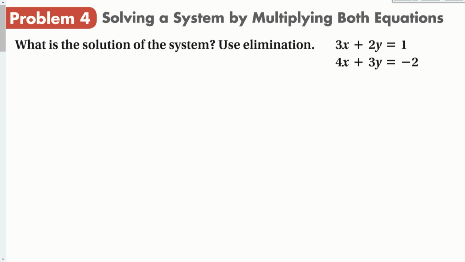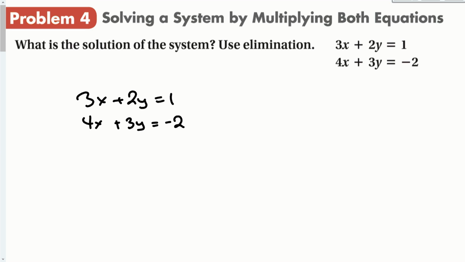So for this next one, just looking at this, 3x plus 2y is equal to 1, 4x plus 3y is equal to negative 2. Just looking at this, I cannot see anything that I can multiply to get one equation equal to the other one.